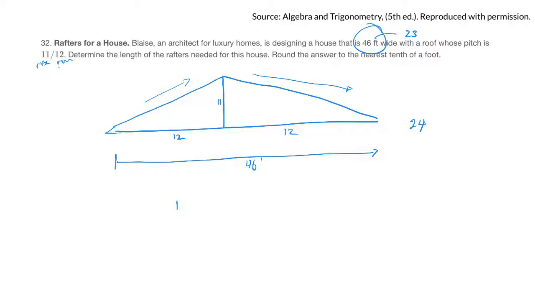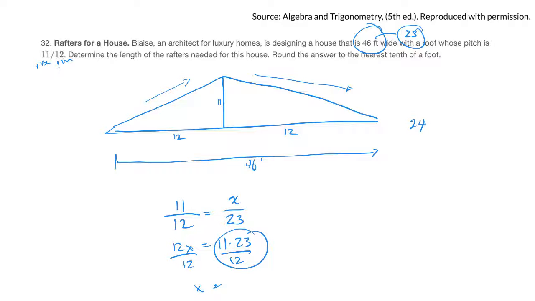So they're saying a rise of 11 gives a run of 12. So I'm saying that the run, instead of being 12, I want it to be 23. And x, so if I cross multiply and divide by 12. So whatever this number comes out to, what was I solving for?